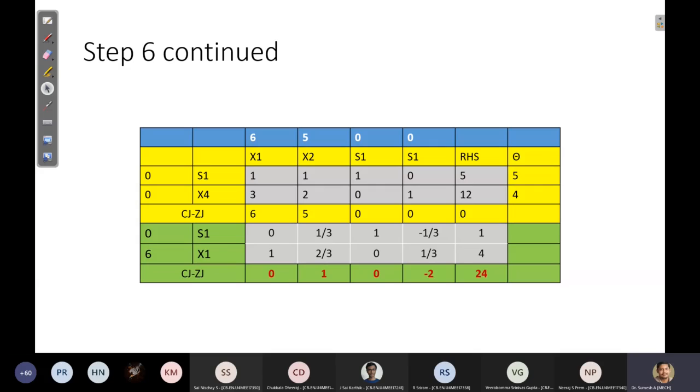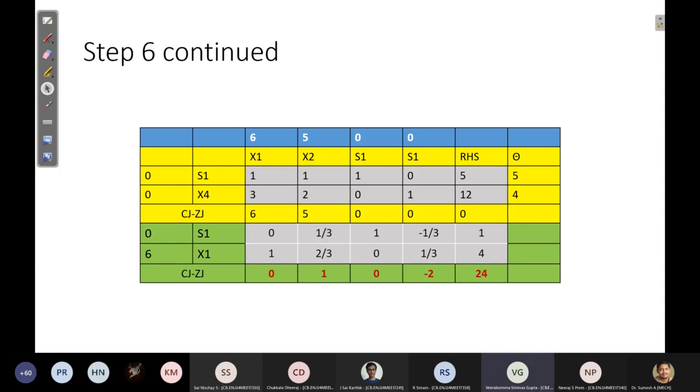Now, what is the case? Now, what we should do? We should stop it, sir. Why?